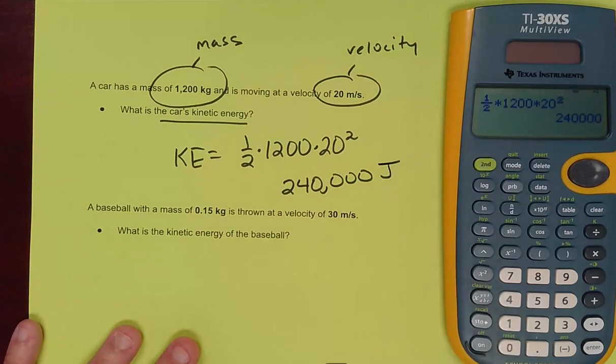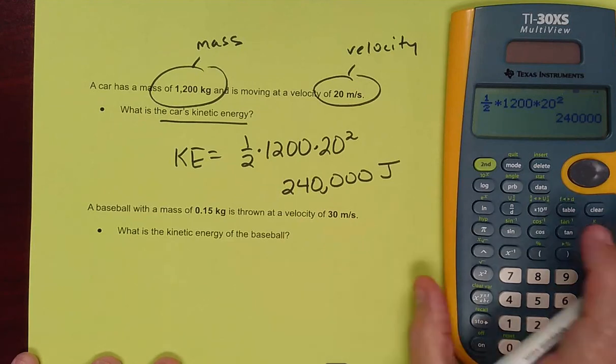Joule is a unit of energy. If you study the topic of energy in physics a little bit, you'll get more familiar with that term. So we have 240,000 joules of energy for that car.